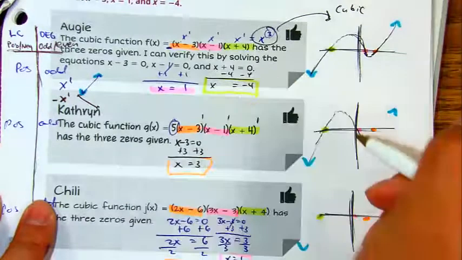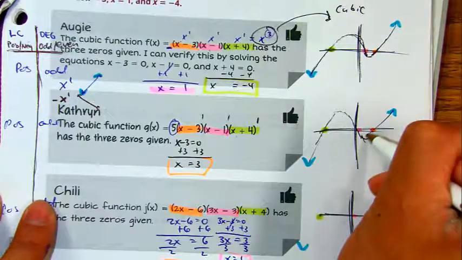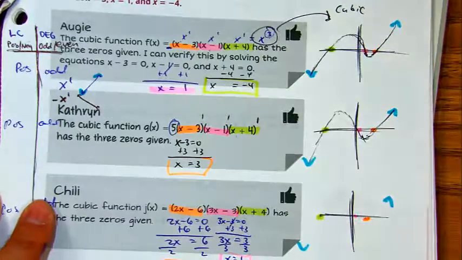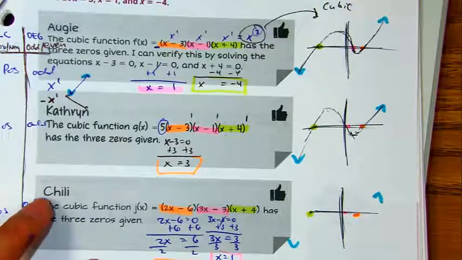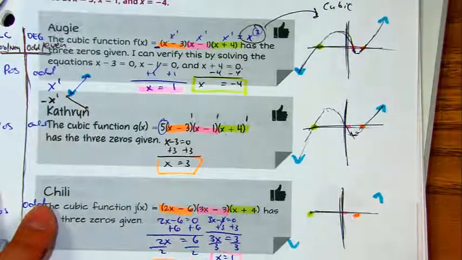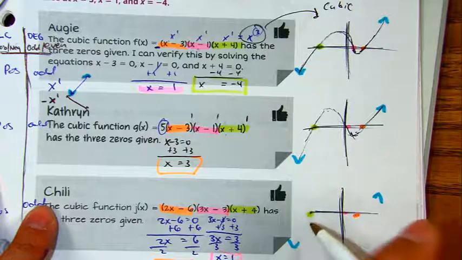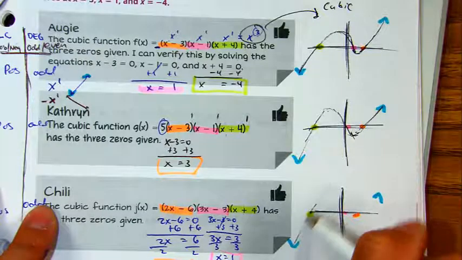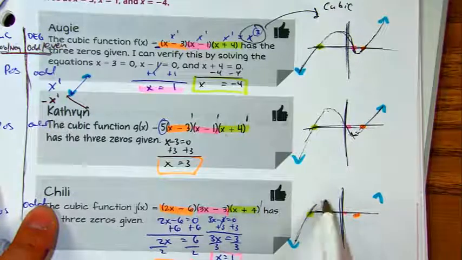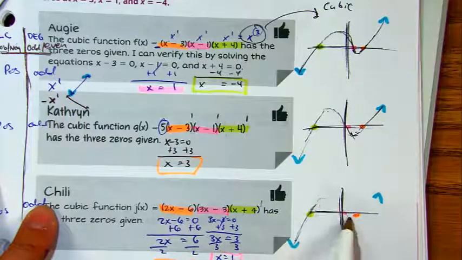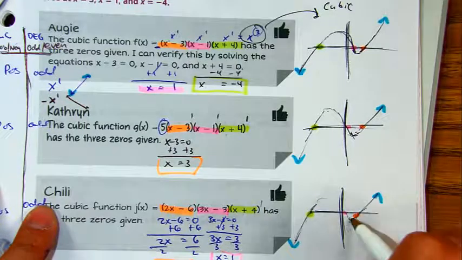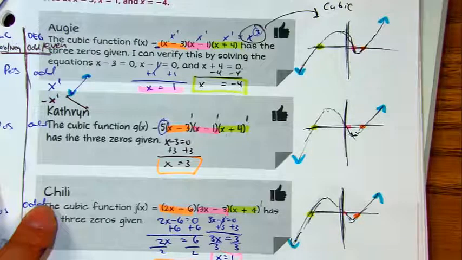Shoot through. Okay? Do it again. Class, which arrow do I start at? Bottom one. Because it has a multiplicity that's odd. Shoot through it. Shoot through the pink. Shoot through the orange. And now you've made a cubic function.